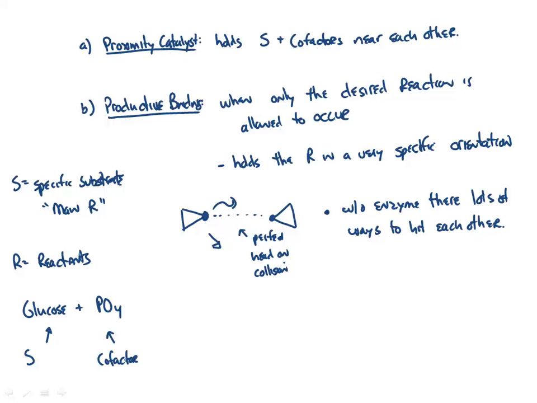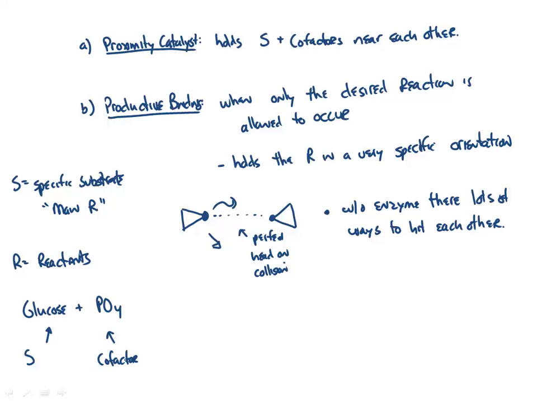And so that idea of productive binding only letting the desired reaction occur, if we think about that in terms of activation energy, if we're increasing the temperature, we're increasing the number of times the molecules bump together, right? So there's more chance of a reaction. But more importantly, we're increasing the amount of energy they bump together with, so it's more likely for the reaction to occur. And so the effective temperature on a reaction, I don't know if you could lump that in necessarily with productive binding or not.